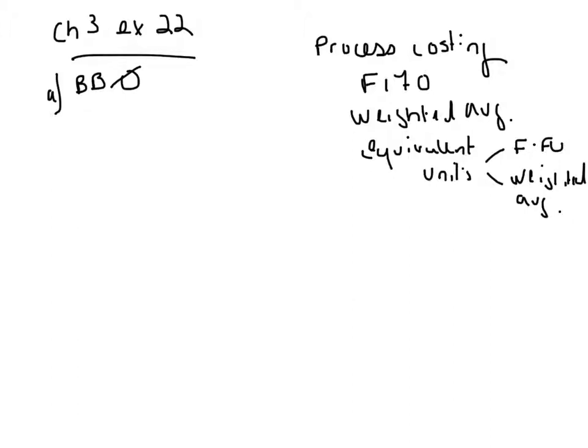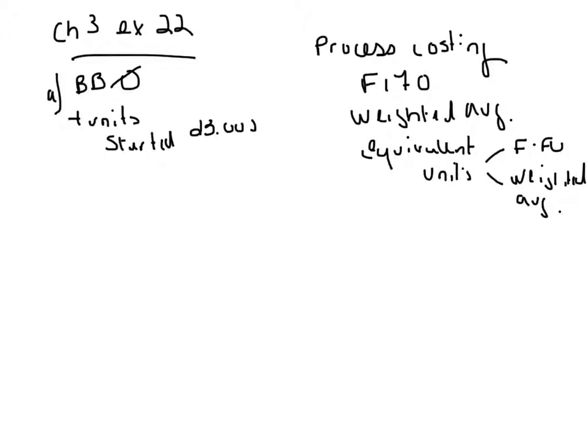So we had, or started during the period, the beginning work in process of 3,000 that was given, and the current period production of 20,000 that was given. So plus the units started is the full 23. Hopefully everybody remembers where the 23 is coming from.